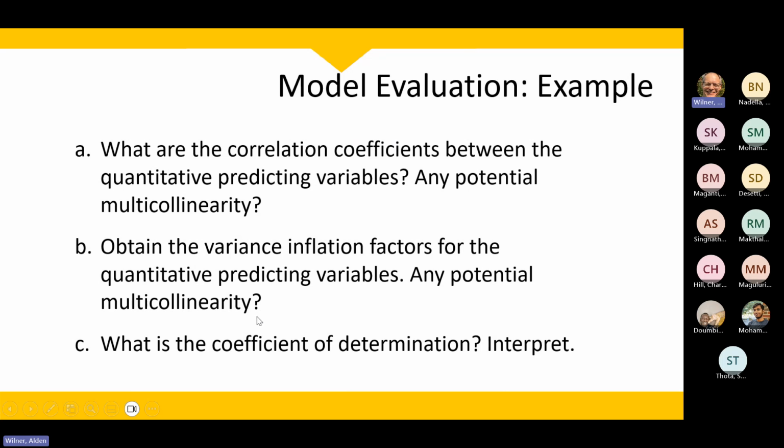Do we see any potential multicollinearity? If we do, then we have to find some way to either eliminate one of these multicollinear features or use what we call principal component analysis to reorient the axes of our model and combine these multicollinear features into one single feature.